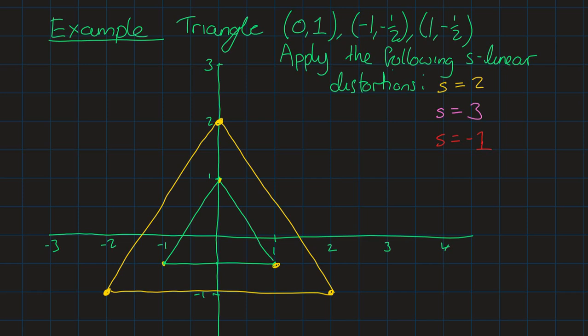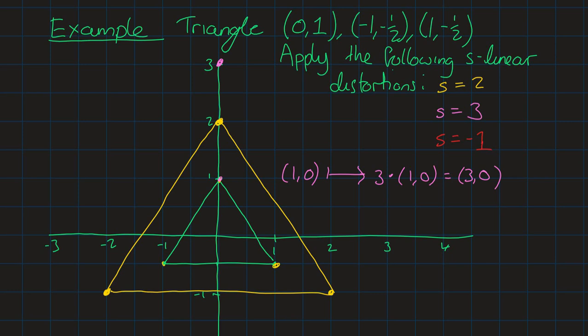And now you do the same thing for s equals 3. I want to know where this point goes. That point there is the point (1, 0), and that's going to get sent to the point 3 times (1, 0), which is (3, 0), all the way up there.